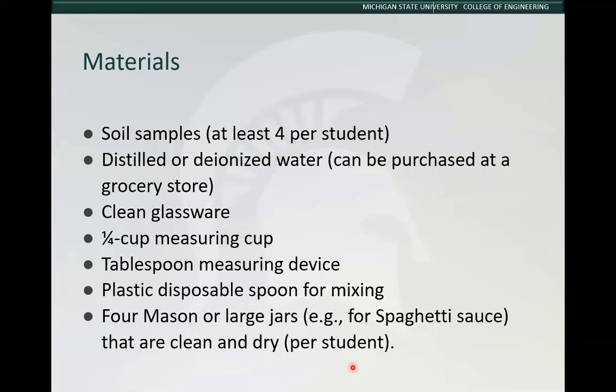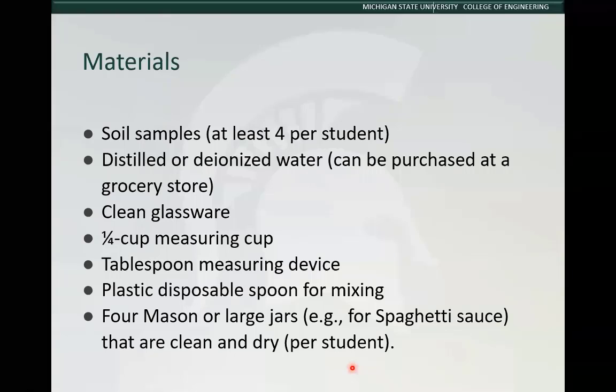We can figure out a time to meet, and we'll make sure you get that. If you're not, you should be able to purchase distilled water from a grocery store. If you can't, let me know and we'll figure out how to juggle things.